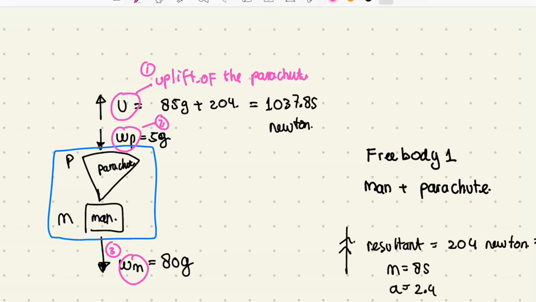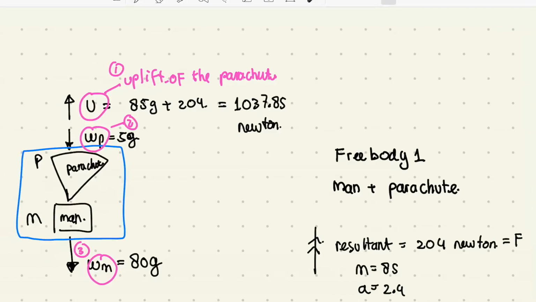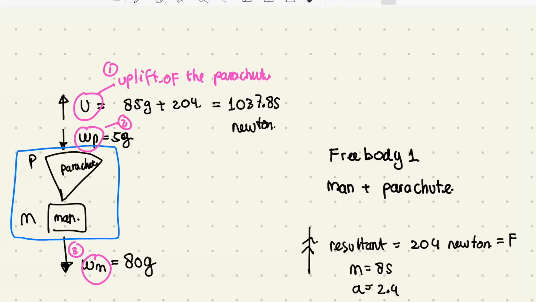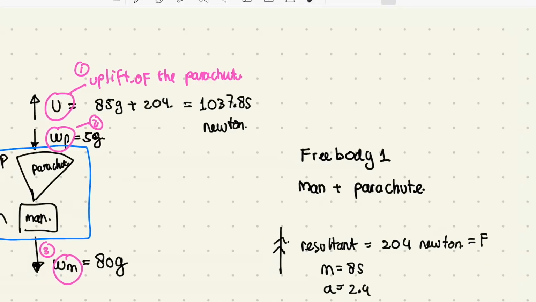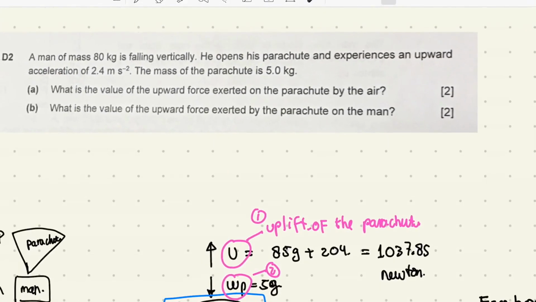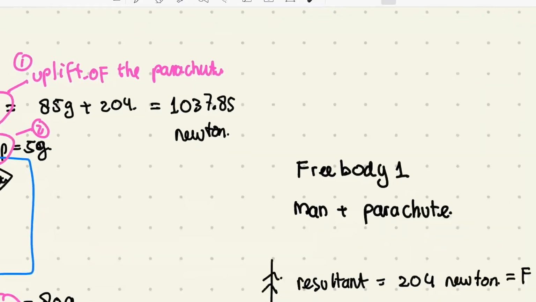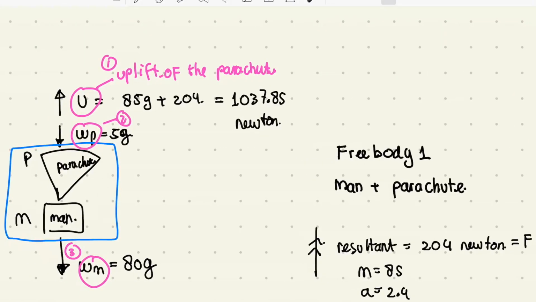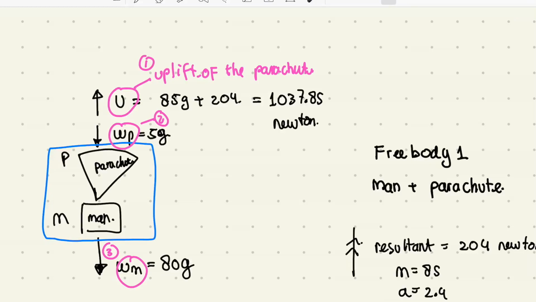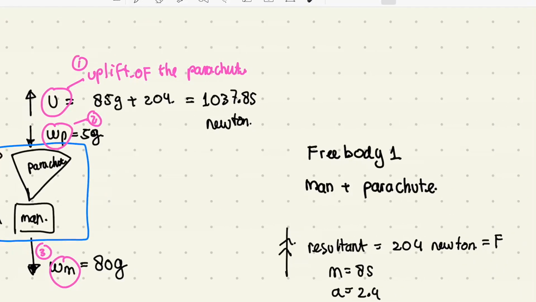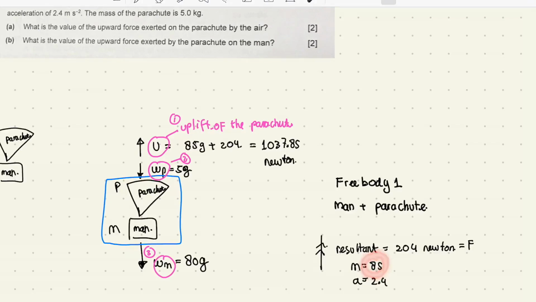They mention the mass of the parachute, which is 5 kg, and the mass of the man is 80. The one that we do not know is the uplift. So we are trying to calculate the uplift. For question A, they ask for the upward force. That means they ask for U. They give the mass 85, no problem.